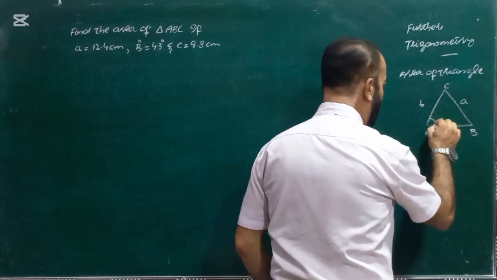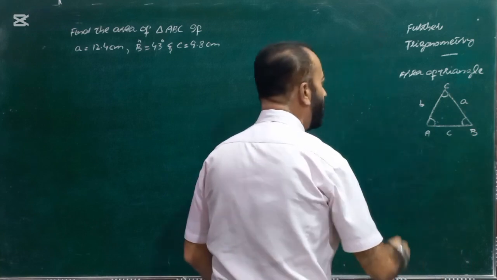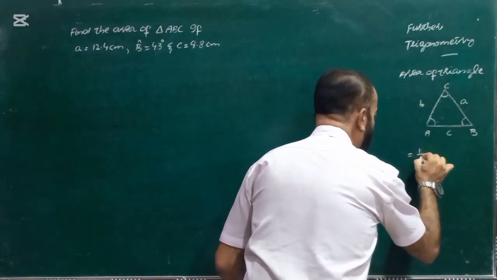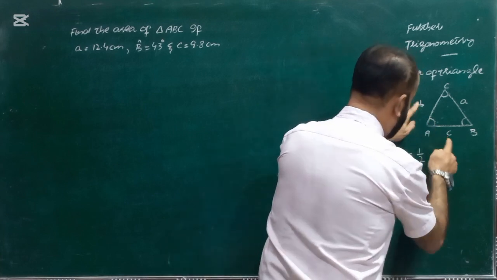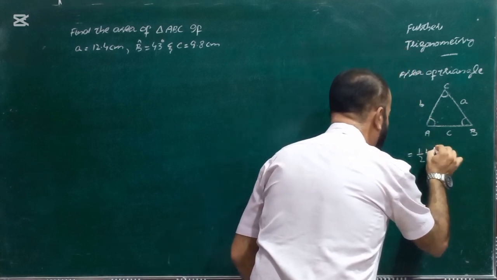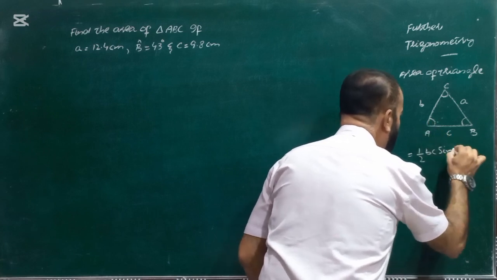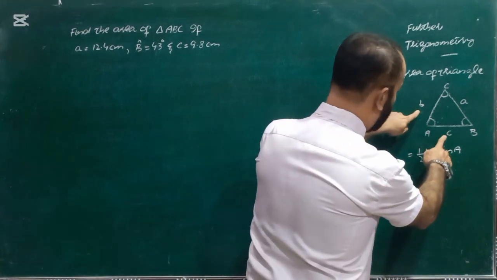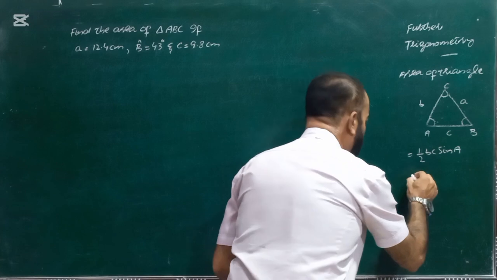And here is angle A, here is angle B, and here is angle C. So the area of the triangle will be equal to, concentrate now, 1 by 2 into BC into sine of the internal angle. So the internal angle will be A.